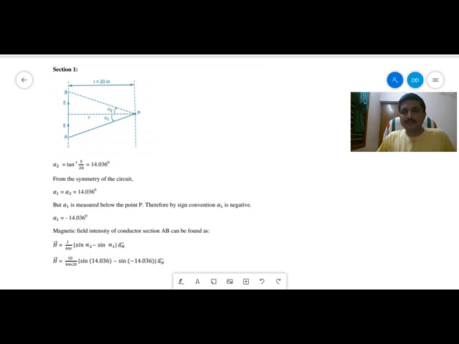In the figure it is marked properly that alpha 1 is the angle subtended by the bottom end, and alpha 2 is the angle subtended by the top end.